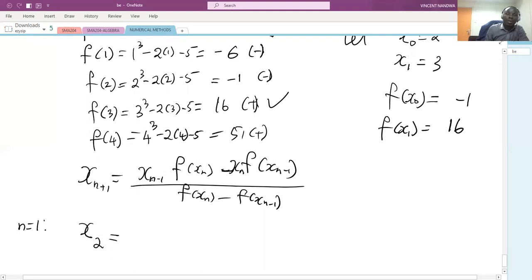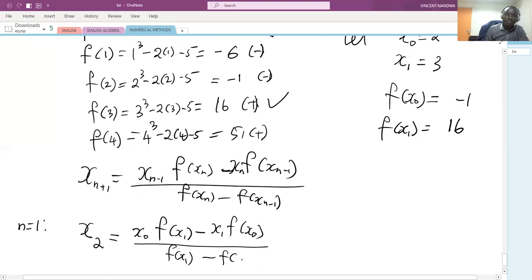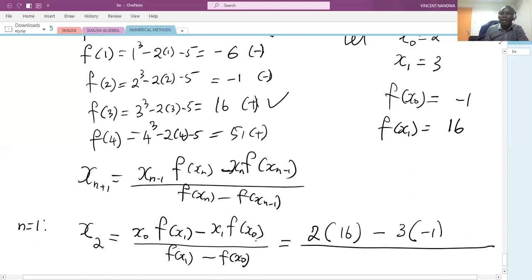So x2 equals x0 f(x1) minus x1 f(x0) divided by f(x1) minus f(x0). Then we put in the values: x0 is 2, f(x1) is 16, minus x1 is 3, f(x0) is minus 1, and then f(x1) is 16 minus minus 1.